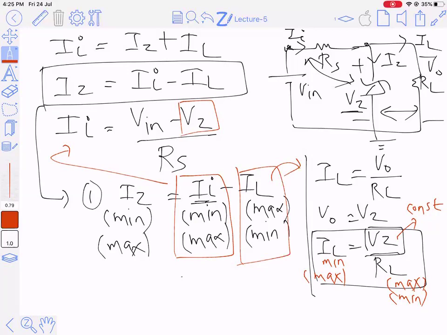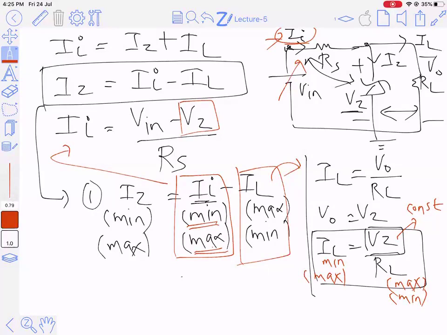When I say II is minimum or maximum, that means this current is varying. The supply is varying, which is why it is giving different current. II is nothing but the current from the supply Vn.